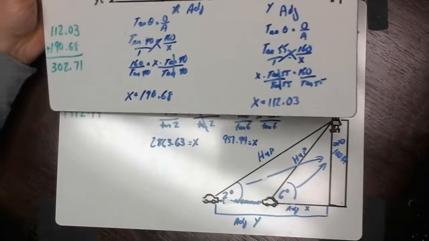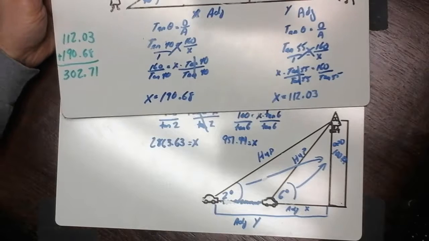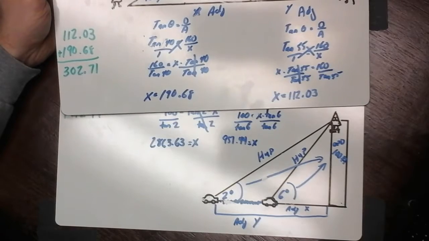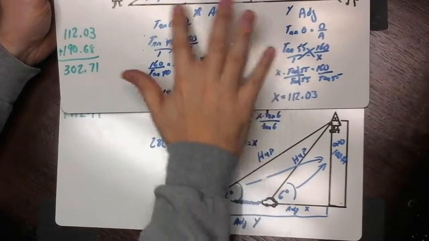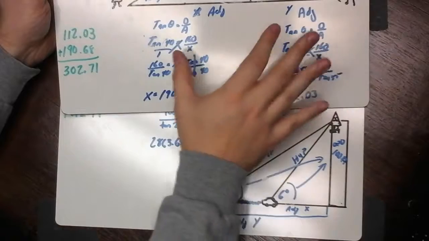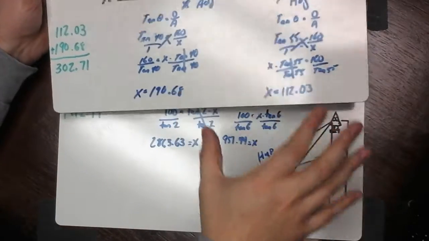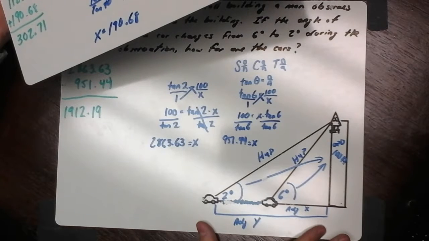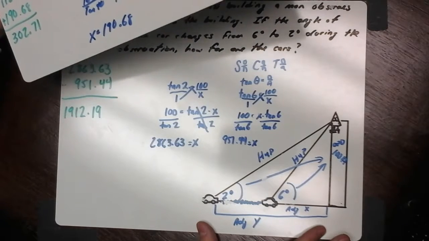In short, let's just compare these two problems real quick before we go away. If we look at these two, a simple way to look at it is you have to do two trig processes no matter what. But when they're in opposite directions, you add them. When they're in the same direction, you subtract them.